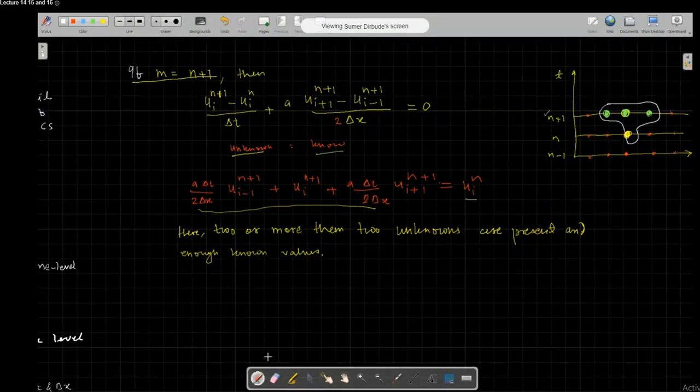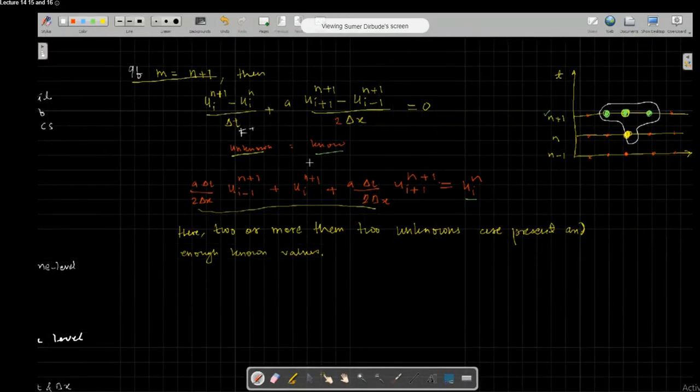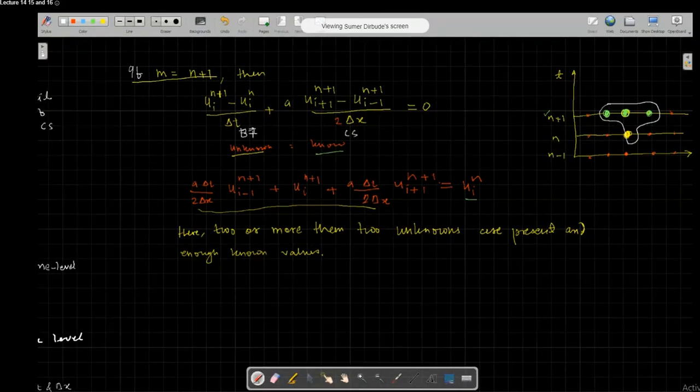Is this also FTCS? No, this is not FTCS. Why? We'll see. This is called backward in time, BTCS. We'll see now why we call it backward in time.